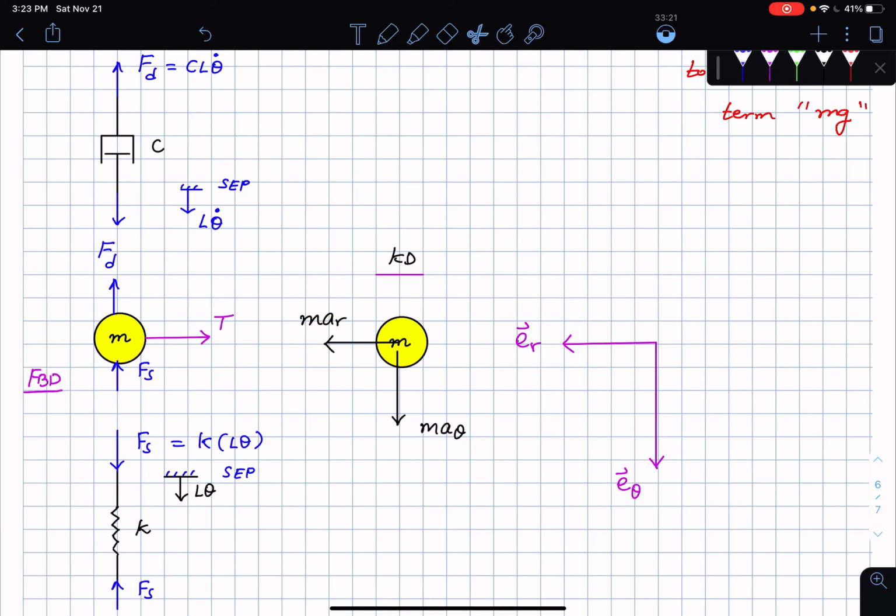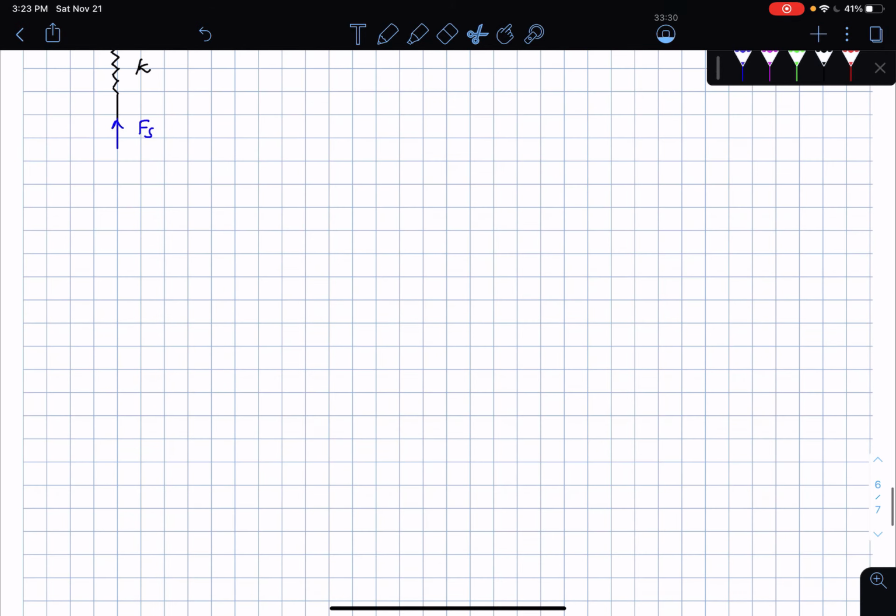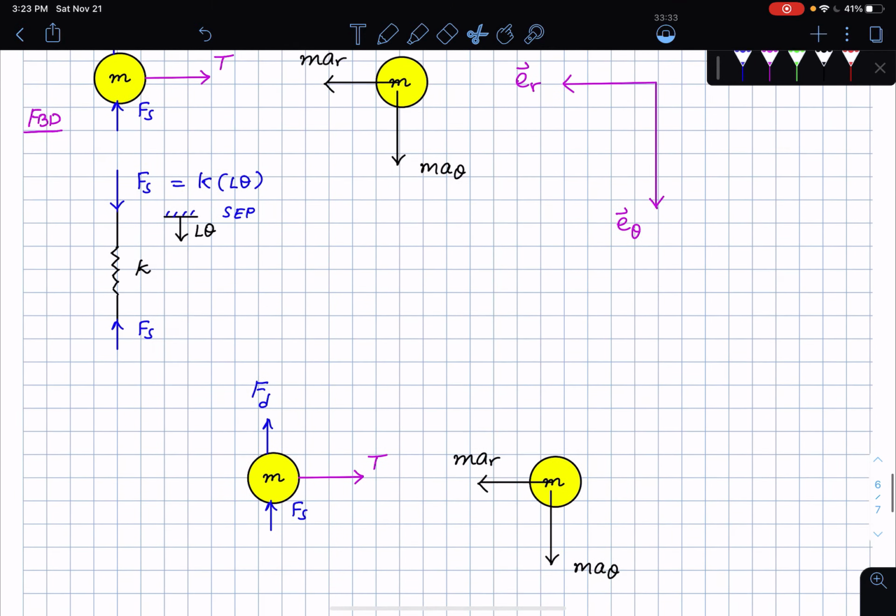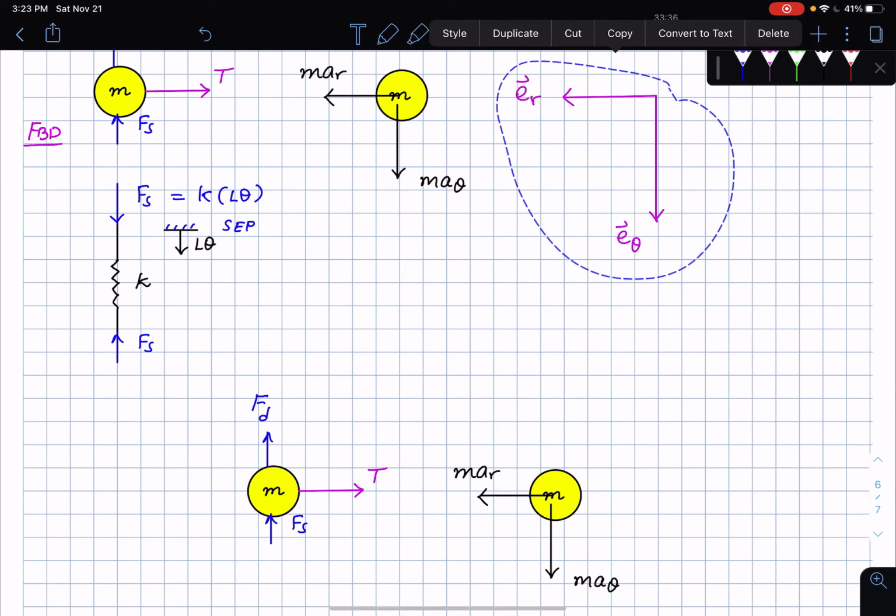It is obvious that in the free body diagram I am interested in the equation of motion, which means I'm not interested in the constraint force. So if I do just these two, then summing forces in the theta direction is good enough for me.